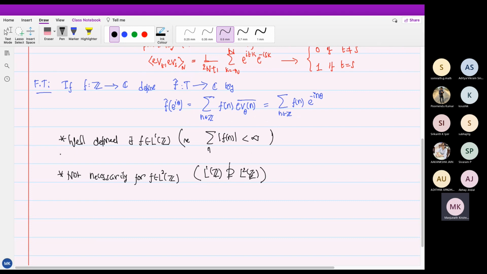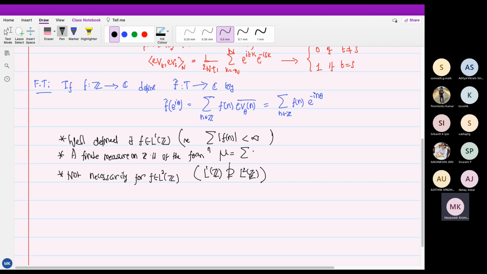We'll have to make sense of this, but in between let me write a measure on Z. What is a finite measure on the integers?